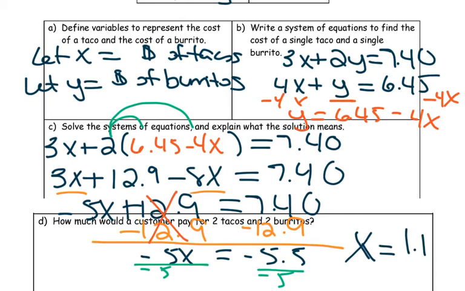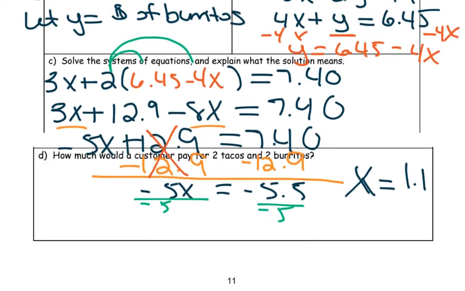Okay? So essentially we're saying that the cost of a taco, if we're going back to our let statement, is $1.10. We found x, we still have to find y, which is the cost of a burrito. So I'm going to go back to my second equation because it's still the easiest one to work with.